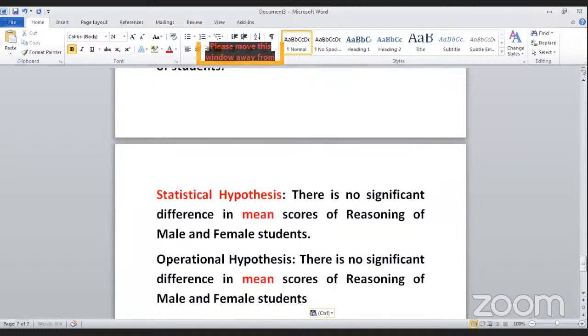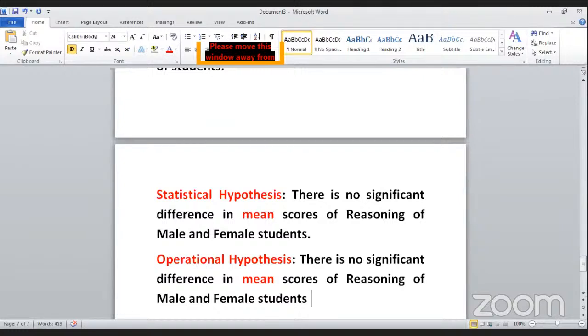Now, this portion of the statistical hypothesis and the operational hypothesis are identical, but it differs after this. I have to write here the tool which the researcher will be using for assessing the reasoning.